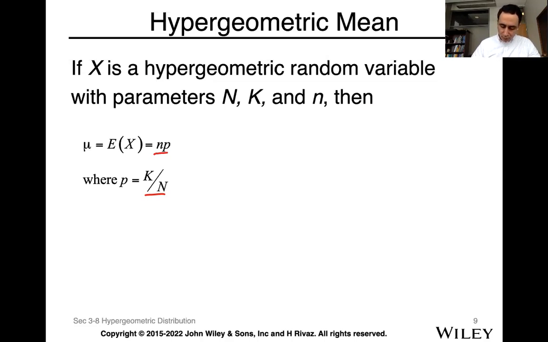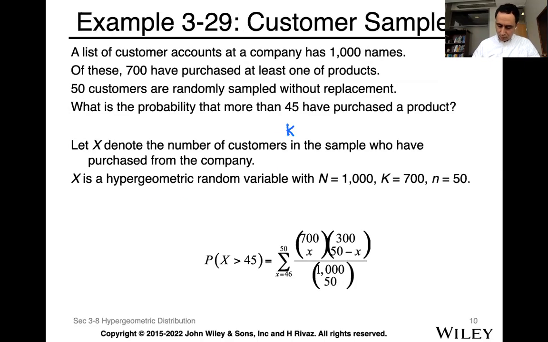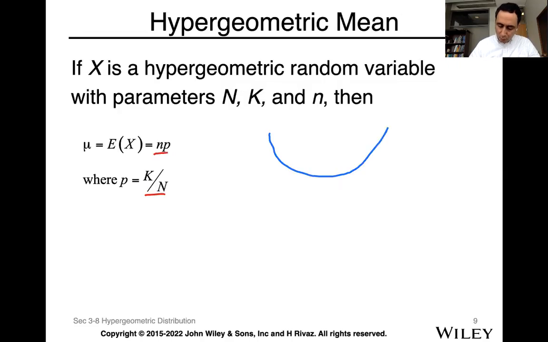So I have a bowl with K successes and N minus K failures, right? And I'm selecting n objects, right?